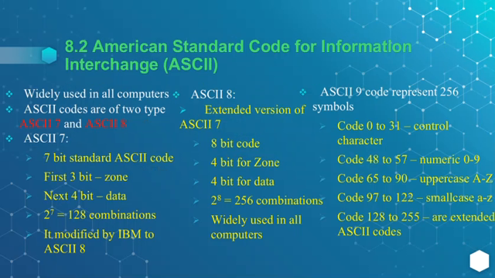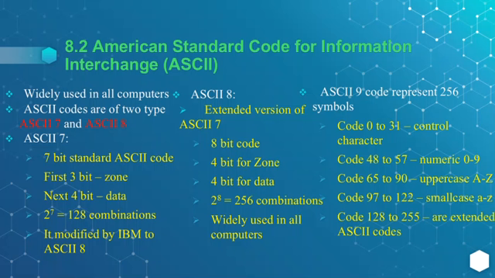So the next one is the American Standard Code for Information Interchange, which we call ASCII. There are two types of ASCII formats, ASCII 7 and ASCII 8. ASCII 7 uses 7-bit combinations, with 3 bits for zone and 4 bits for data. Maximum you can have 128 combinations to represent the data. It was extended, mainly by IBM, into ASCII 8, which is the extended version of ASCII 7.